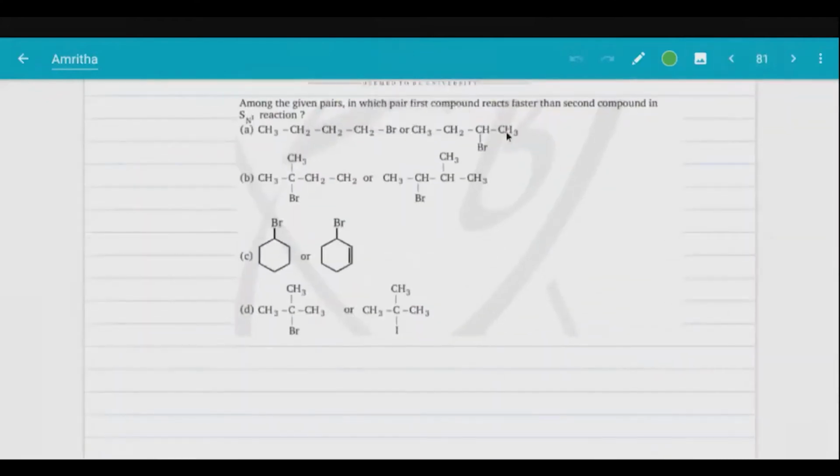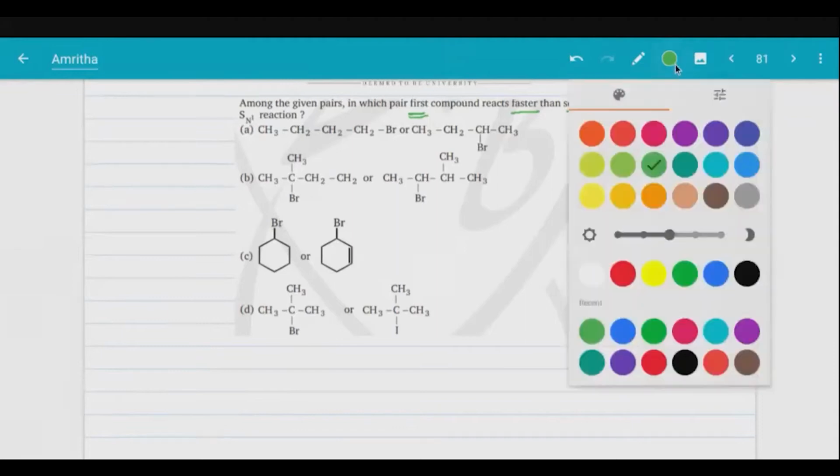Among the given pairs, in which pair does the first compound react faster than the second compound? First one should react faster compared to second. We can do it very quickly, right? Because first break carbon halogen bond. That's the first thing. You have to make sure you are breaking the carbon halogen bond.